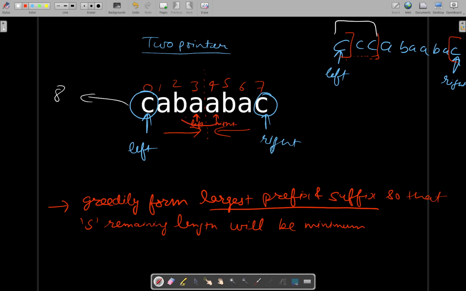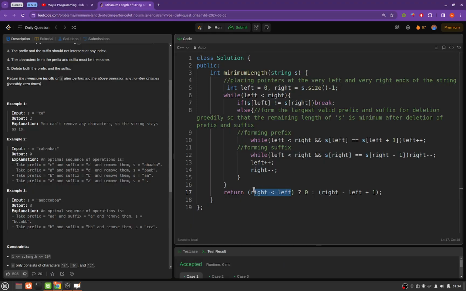Right will move here and left will move here. So if that's the case, then you will return 0 straight away. Okay, it means that your string is of 0 length right now. And if that's not the case, then you will return whatever is left of your string, the length of the string represented by left and right pointers, both included. Okay, so this is how we will be solving this particular problem.